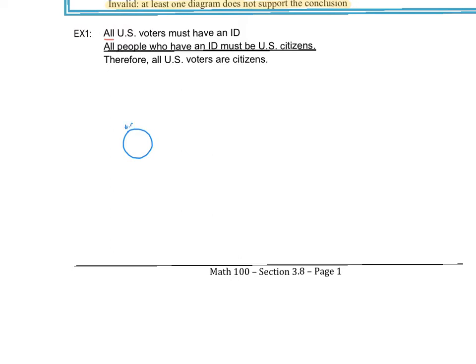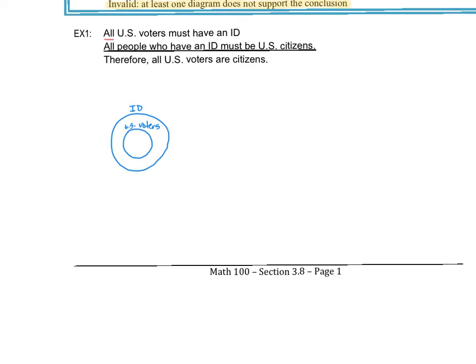I'm just going to write U.S. voters. So this is the set of U.S. voters. All of them must have an ID, which means this set has to be inside the set of people with IDs. So this says all U.S. voters must have an ID.